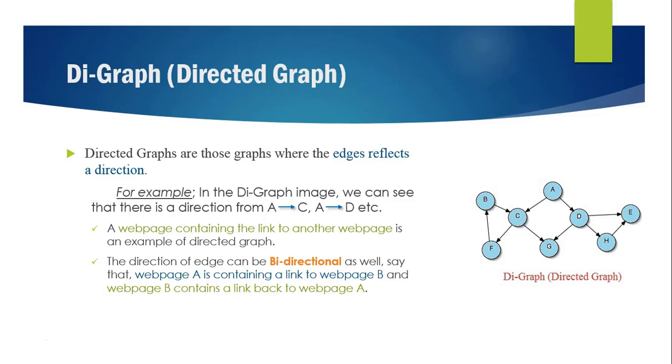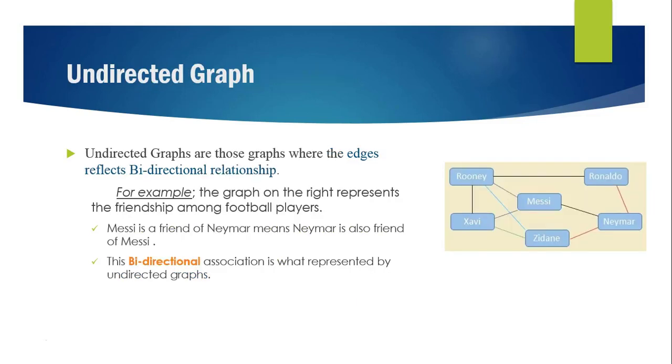Okay, now let's explore the undirected graph. Undirected graphs are those graphs whose edges reflect a bidirectional relationship. For example, consider this image representing the friendship between different football players like Messi, Rooney, Xavi, Zidane, Neymar and Ronaldo.